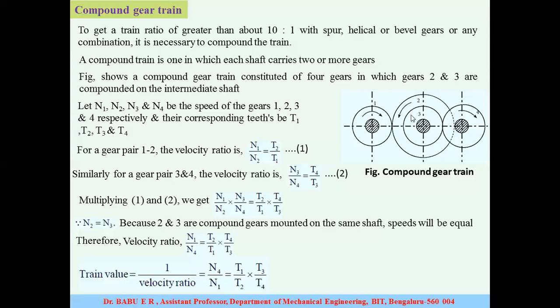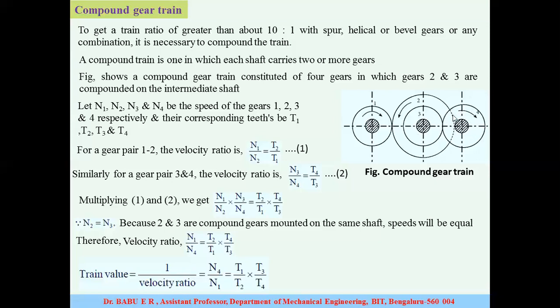Motion is transmitted from 1 to 2. Since 2 and 3 are mounted on the same shaft, gear 3 will transmit the motion to gear 4 by having contact over here. Now take the combination of gears 3 and 4. Gear 3 is the driver and 4 is the driven member.